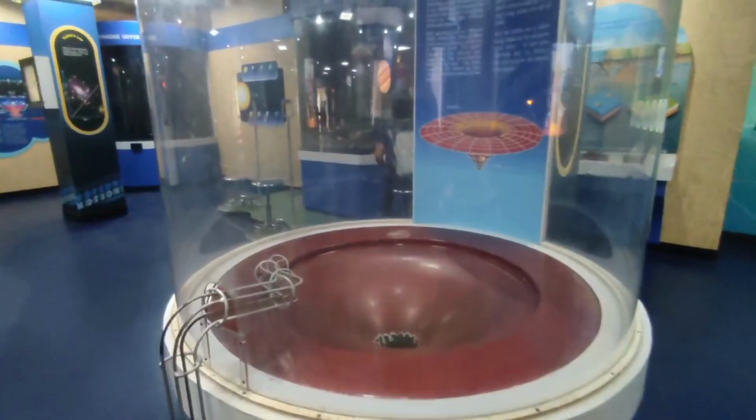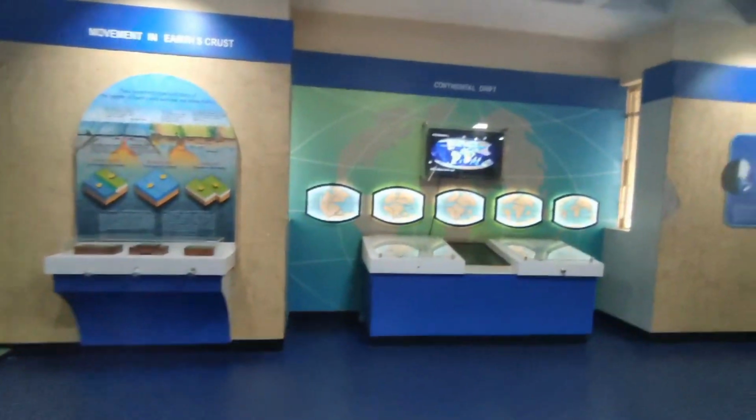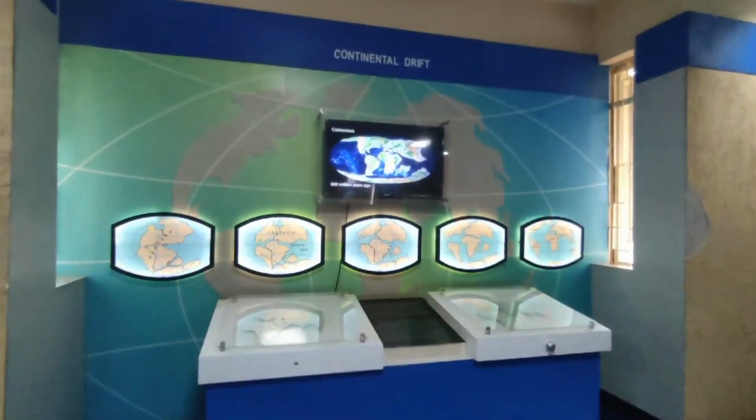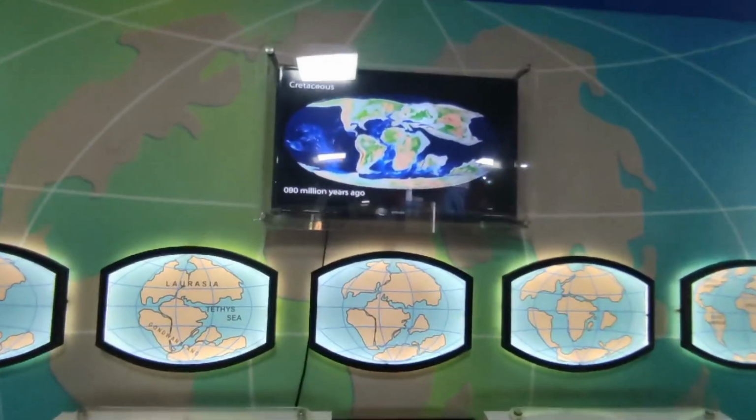This exhibit demonstrates total lunar eclipse. There are many other exhibits which you can see and experience yourself.